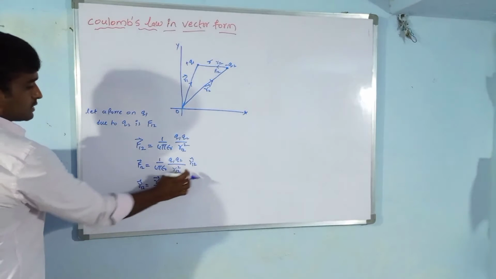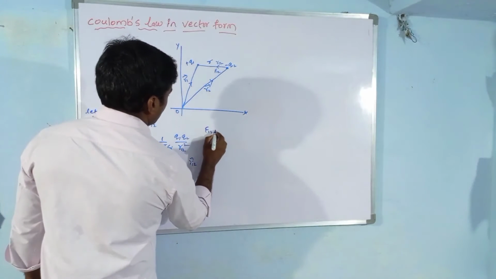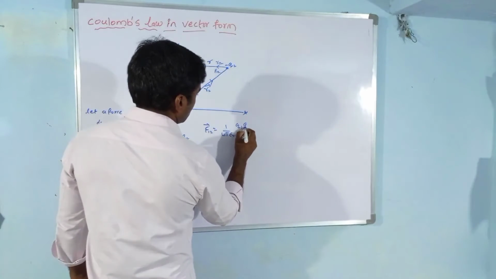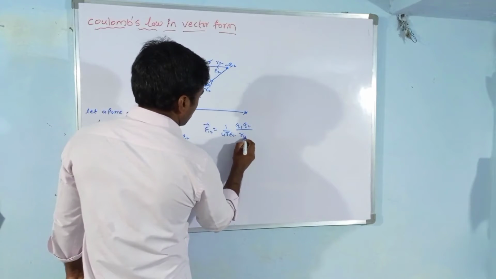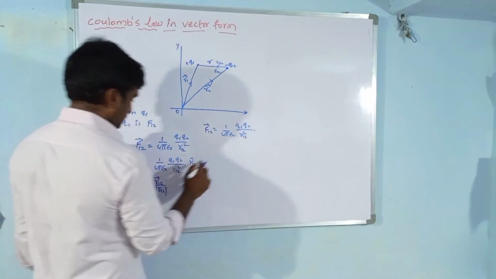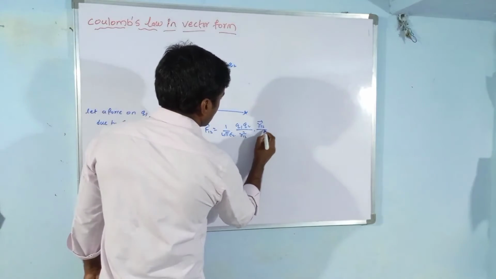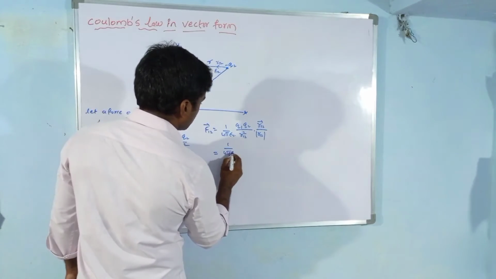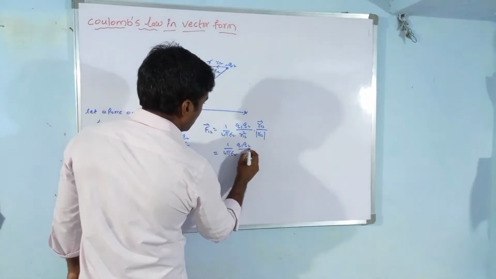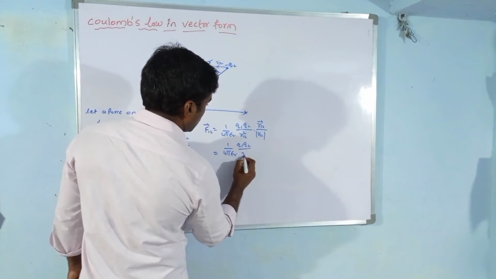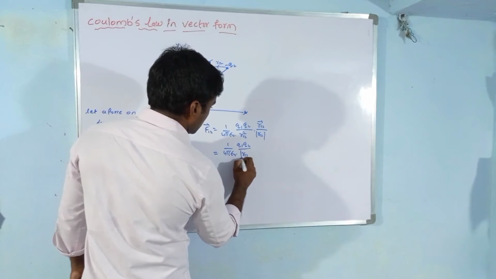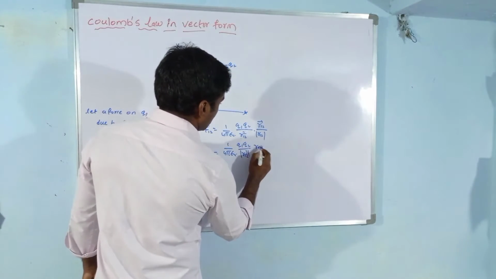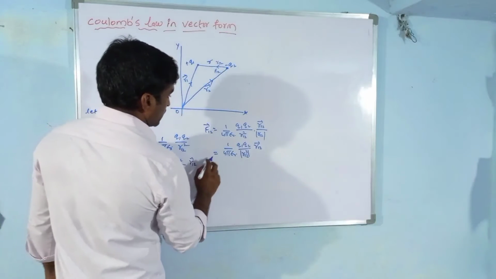When we substitute this in the equation, F12 equal to 1 by 4 pi epsilon naught q1 q2 by r12 square into r12 vector by magnitude of r12. Then we can write 1 by 4 pi epsilon naught q1 q2 by r12 cube into r12 vector. This is the vector form.